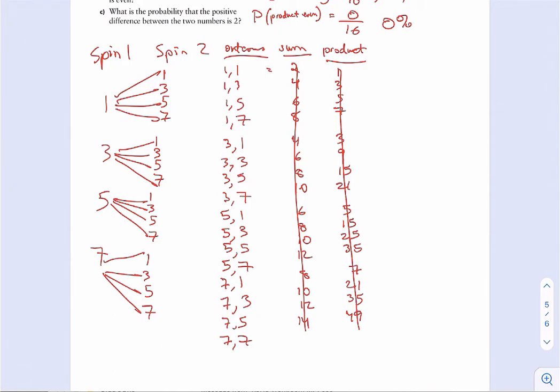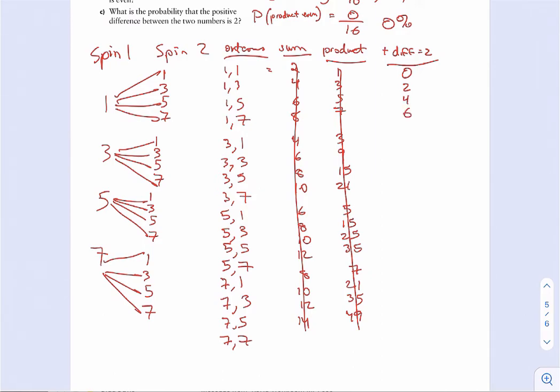Next one says, what's the probability that the positive difference between the two numbers is 2? So positive difference means we're going to get answers that are positive, not negative. So it's going to depend which direction we subtract these. So 1 subtract 1 is 0. 3 subtract 1 is 2. 5 subtract 1 is 4, and 7 subtract 1 is 6.